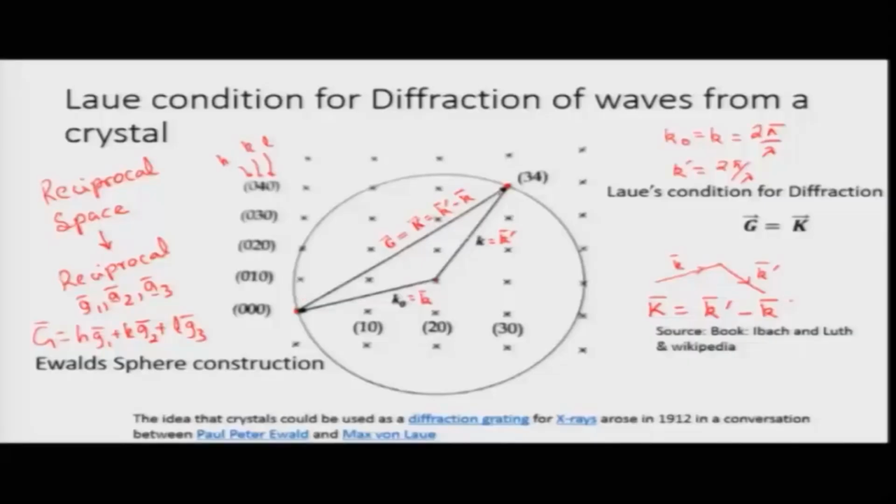And these are not two unique points, because what you can do is that keeping this point as a center and this as the radius, you can draw a circle, and for any points of the reciprocal lattice which are sitting on this circle, you can show that they will satisfy the Laue's condition G is equal to K. For any points like these points which are sitting on your circle, which is called the Ewald sphere, this sphere is called the Ewald sphere.